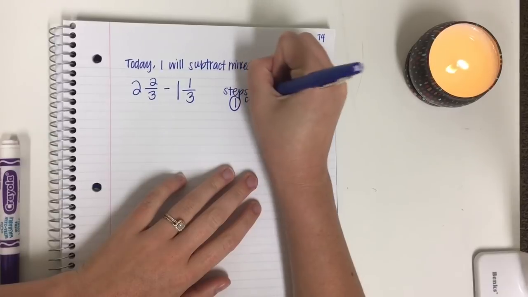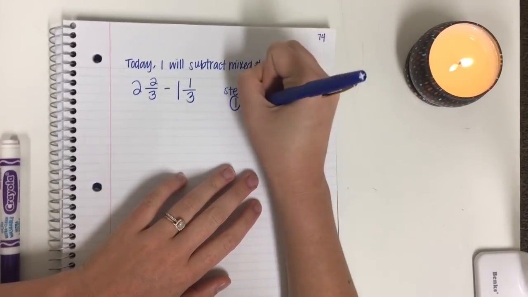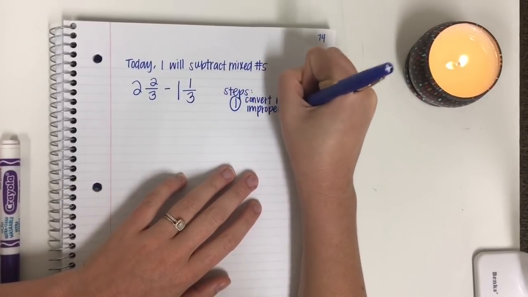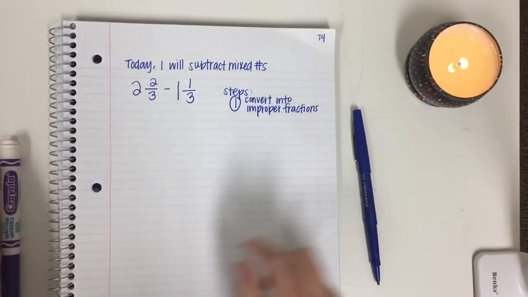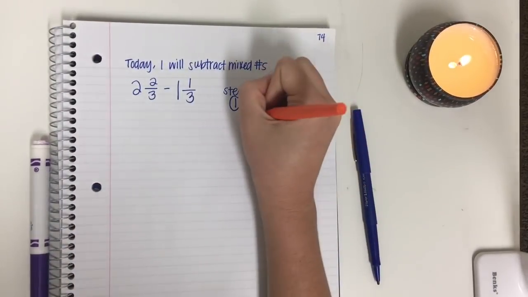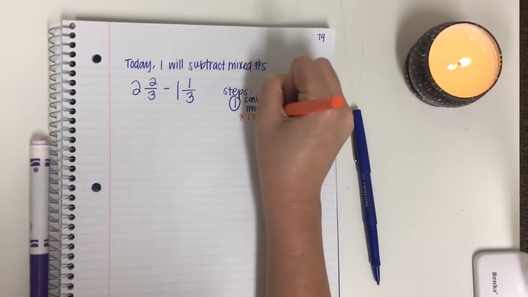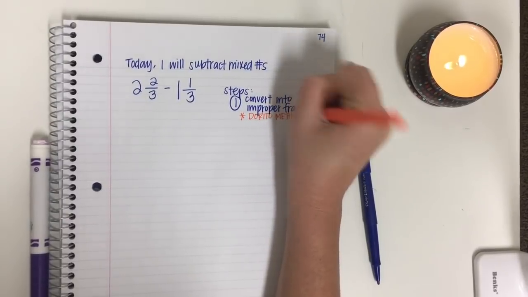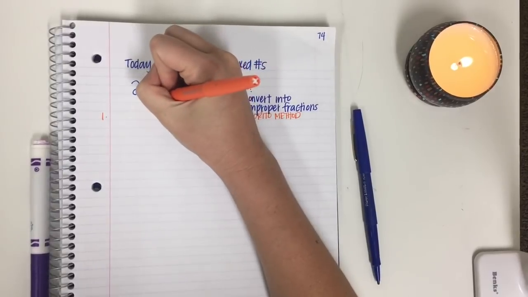We need to convert into improper fractions. And what do we call this method? Good, the Dorito method. Yum. Okay, so step 1, convert.